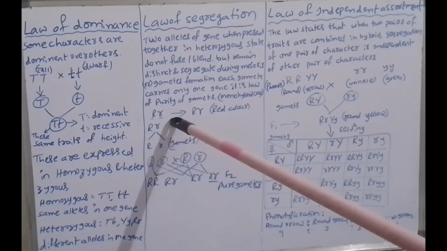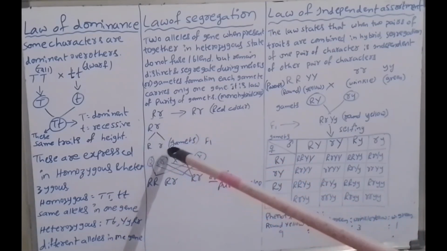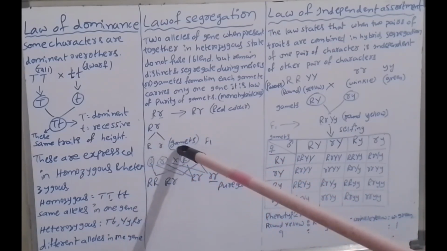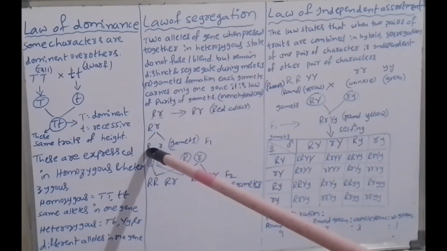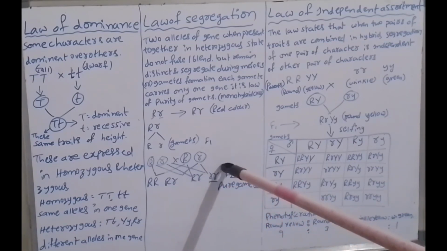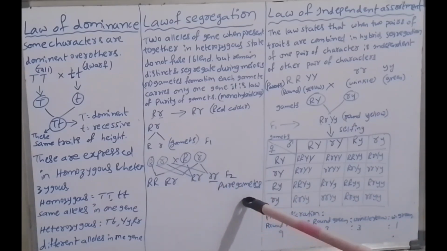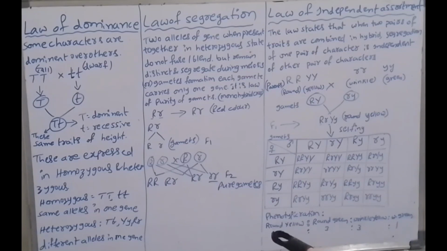This is the parent plant. In the parent plant, gametes are formed. In gamete formation, each gamete carries only one gene. Here small r is the pure wrinkled plant. Here these are pure gametes. This is called the law of segregation.